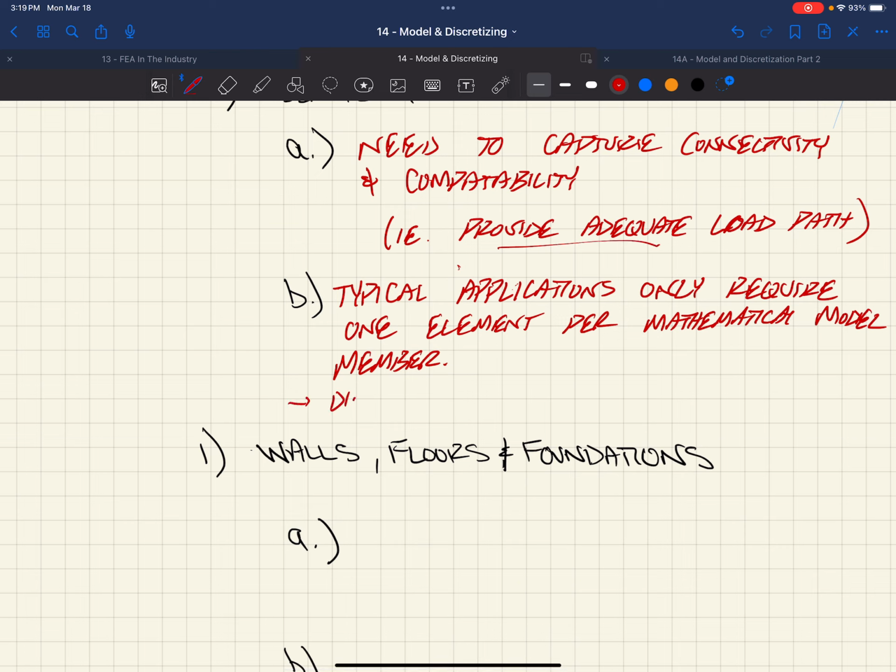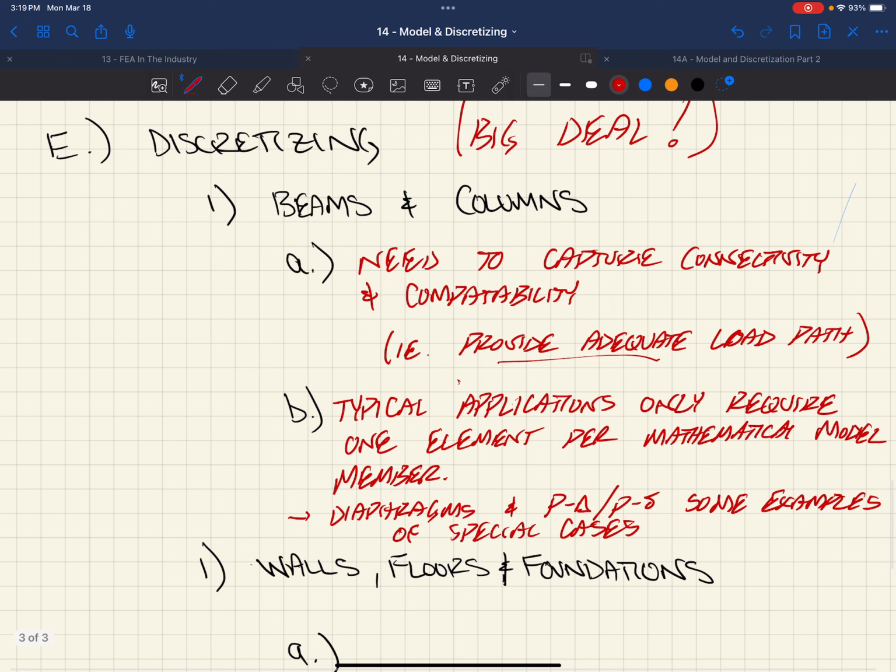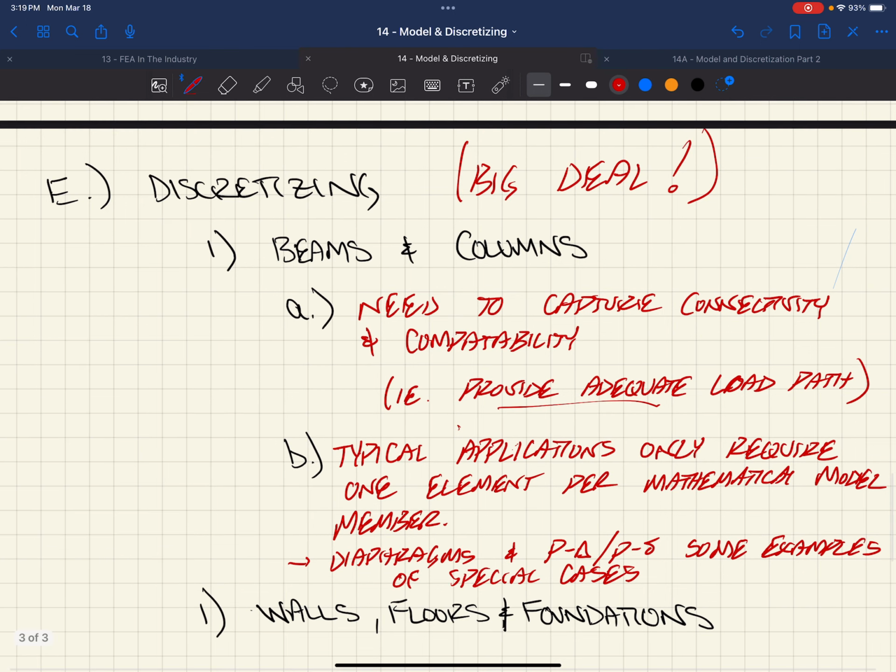So I'd say diaphragms, and also we talked about this, P delta and P little delta are some examples of special cases where we're going to want to make sure that our beams or our columns are broken up, right? A good example of this would be like if we had a shear wall, and I guess let's make it a really cool shear wall.